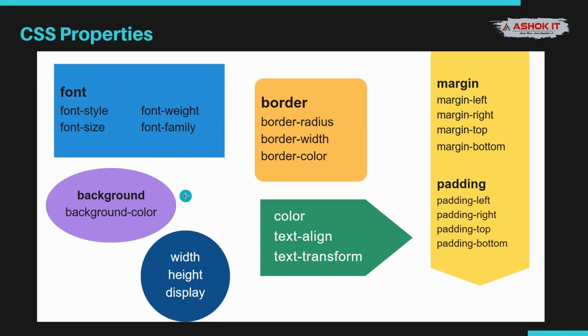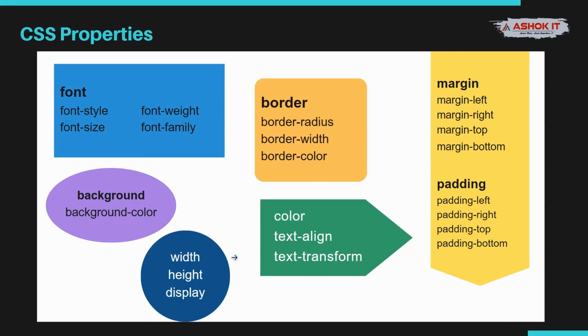Coming to the background properties, we have background color, which is a very important property. There are other background properties also, but for the basics, you need to know background color. It will control the background color of whatever element you are selecting.